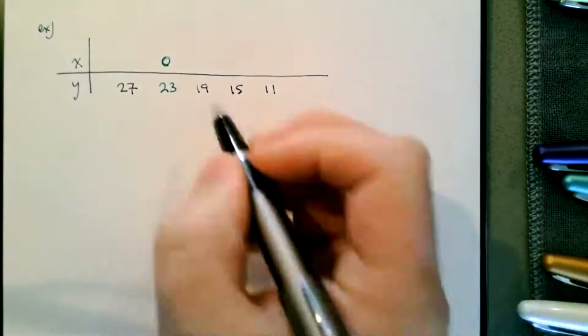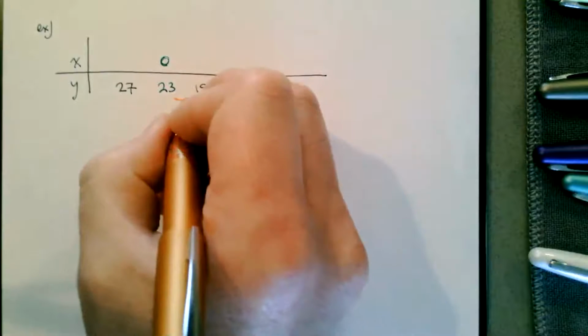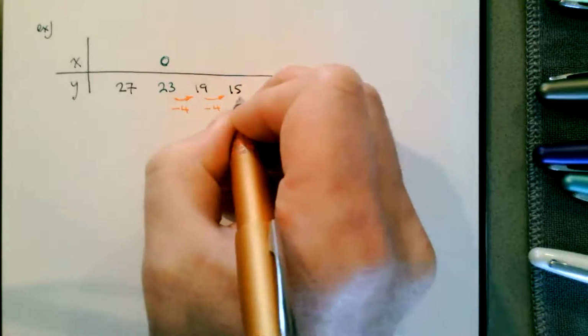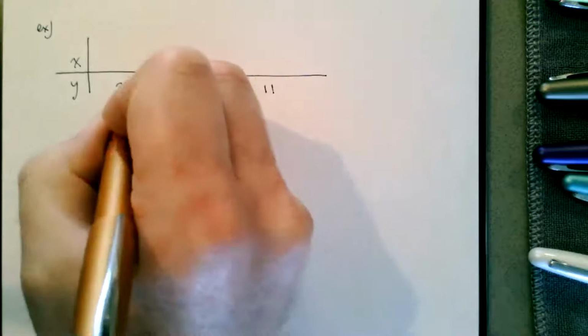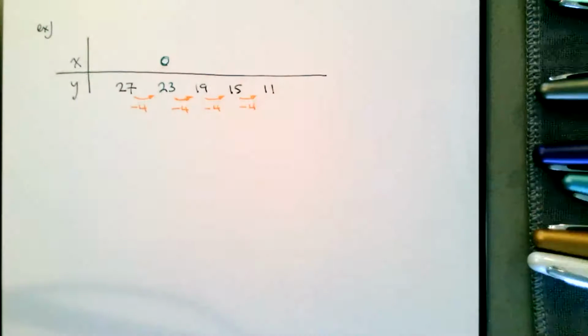Instead of each decrease by 4, so mark that out. So we're still decreasing by 4 each step, but I'm going to change the step size to 5.